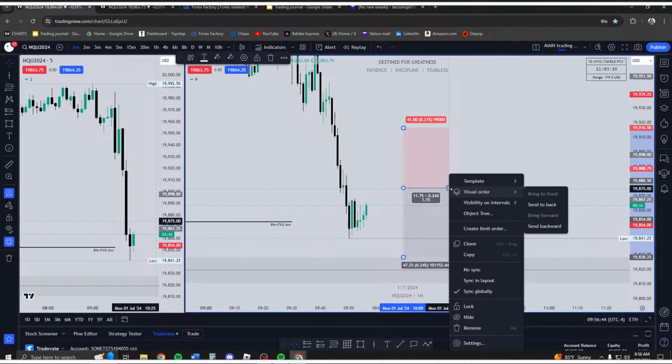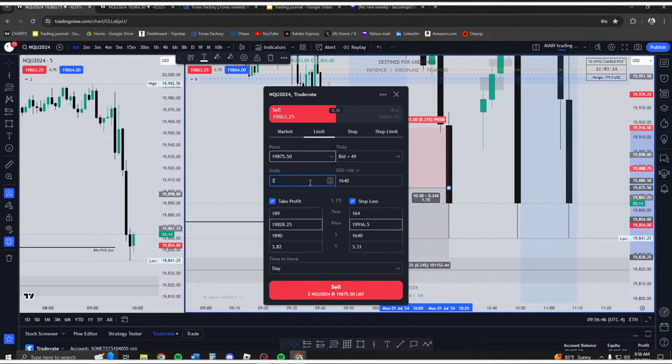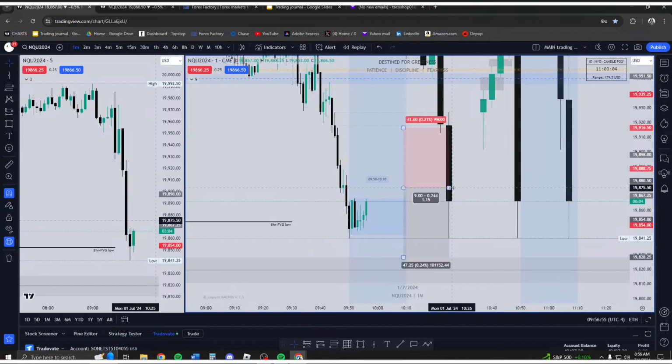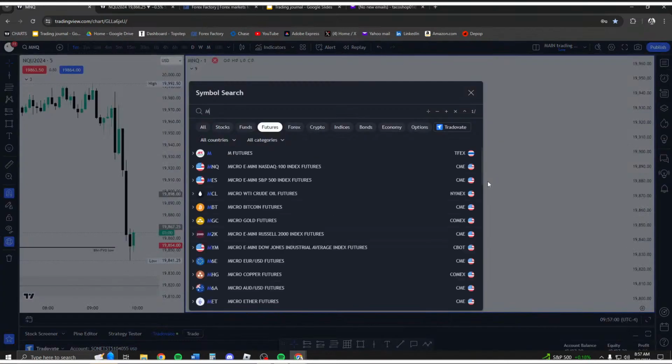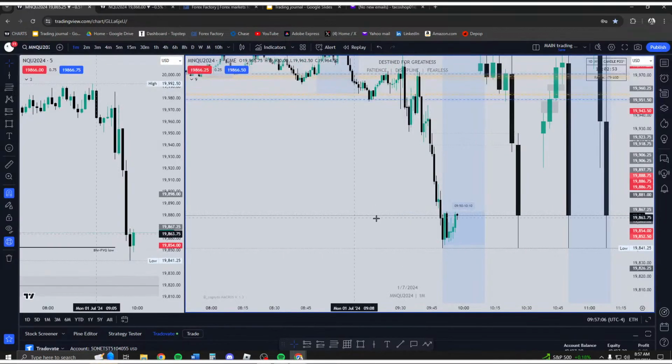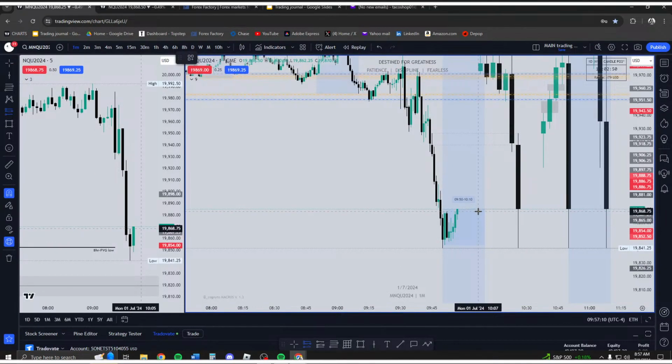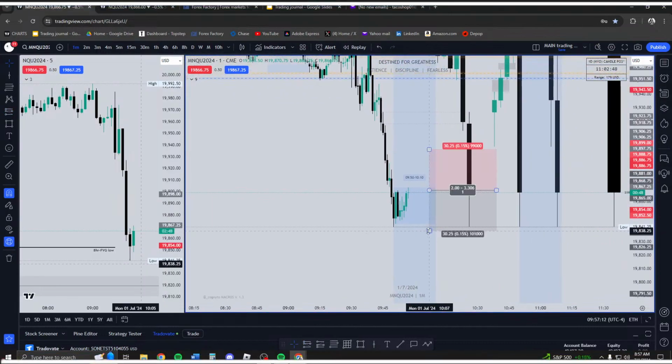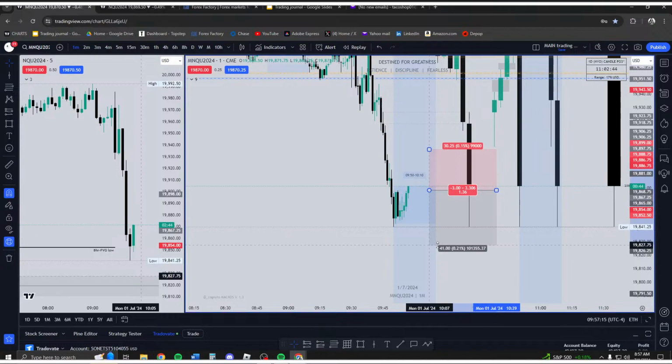How much would that trade be? If I trade on MNQ, here we are getting a retracement back inside this 5-minute FEG.